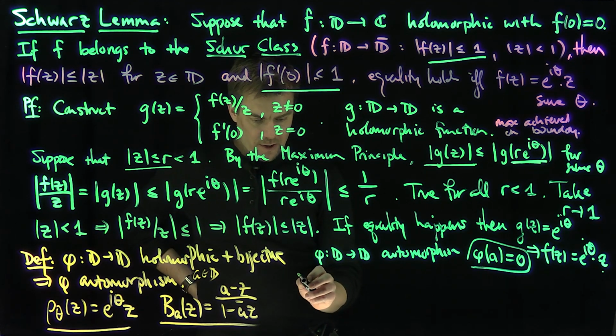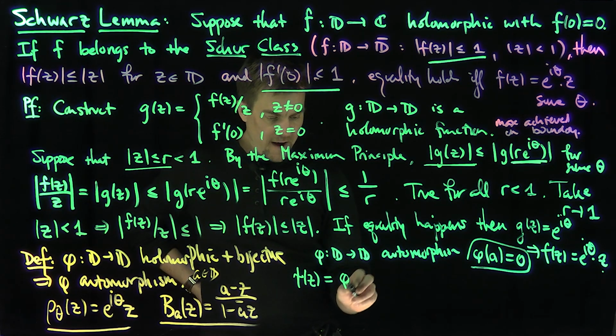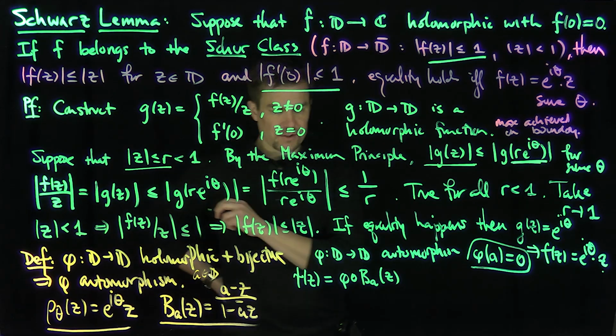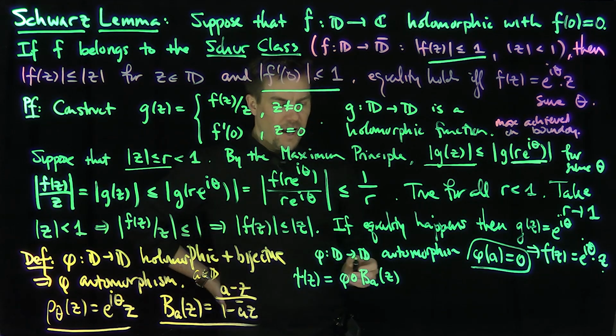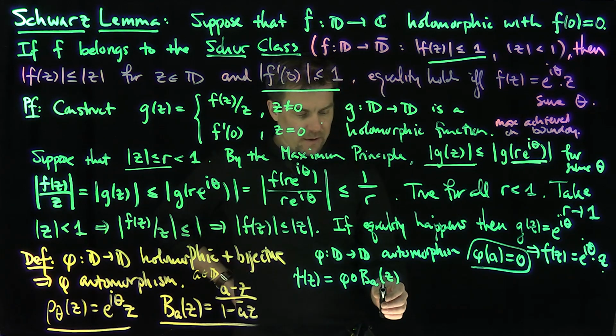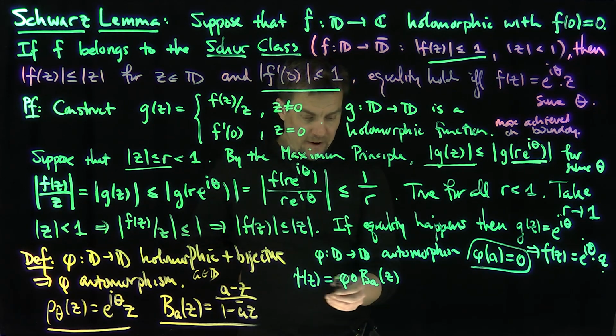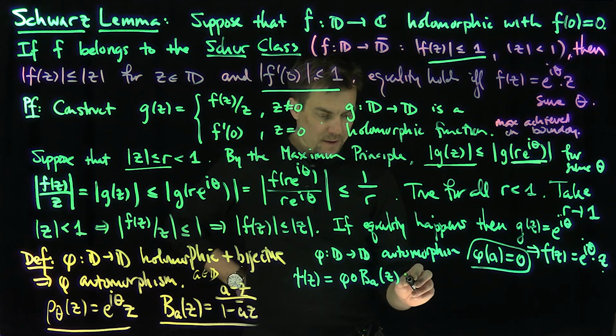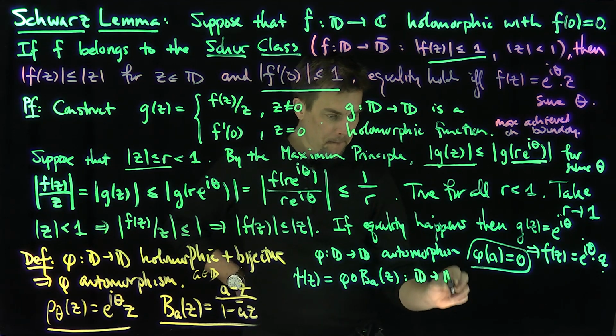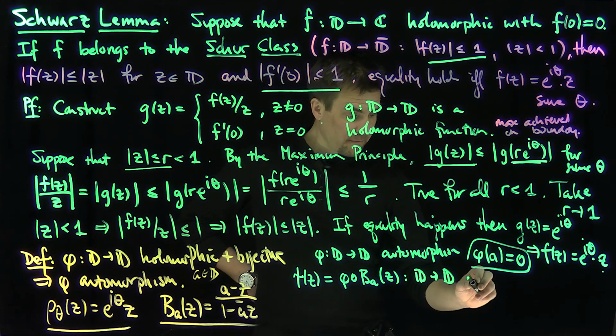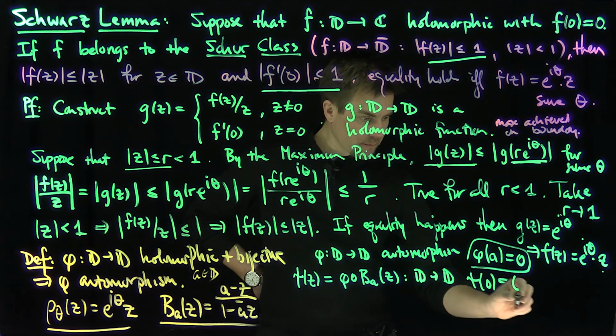Let's look at this function over here, psi of z, which is phi composed with B a of z. And then what's psi of 0? Psi of 0 is phi of B a of 0, which is phi of a, and phi of a is 0. So psi maps the disk to the disk, and psi of 0 is equal to 0.